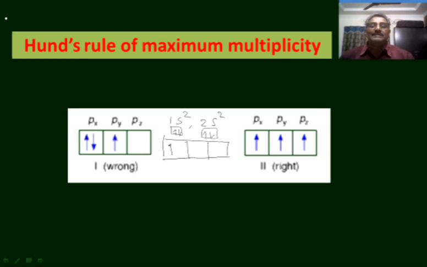Suppose it enters the px orbital. Where does the sixth electron enter? Either it pairs up with the fifth electron or it occupies an empty orbital. It should not pair up with the fifth electron. It is to occupy another degenerate orbital with parallel spin.